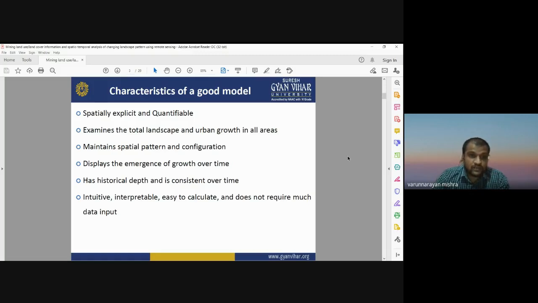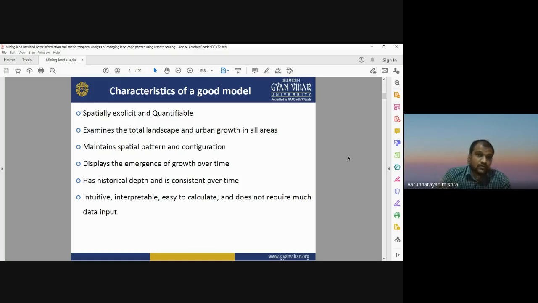It should also be able to examine the total landscape and the urban growth in all areas. It also maintains the spatial pattern and configuration. Spatial pattern means the distribution of different spatial features, including agricultural land, forest, vegetation, water bodies, built up, anything.